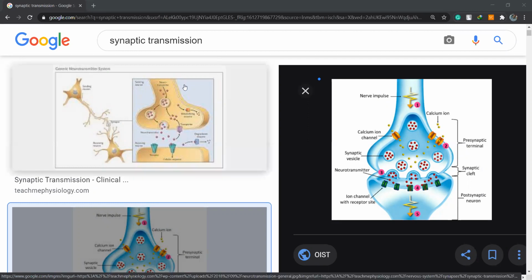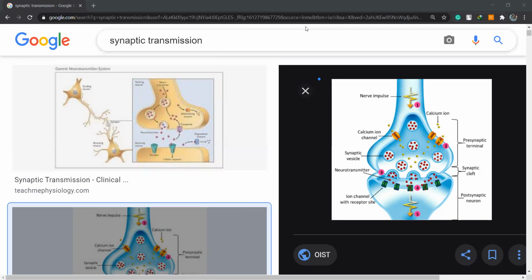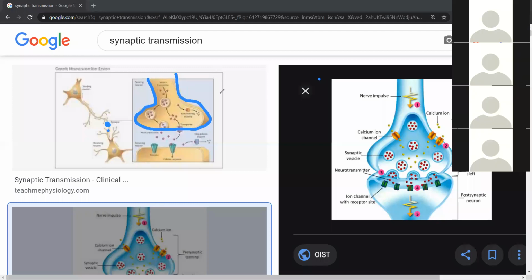In between, this is the terminal button, the base of the terminal button of neuron 1, and this is the dendrite of the second neuron. So when you zoom in, this is how it will look.